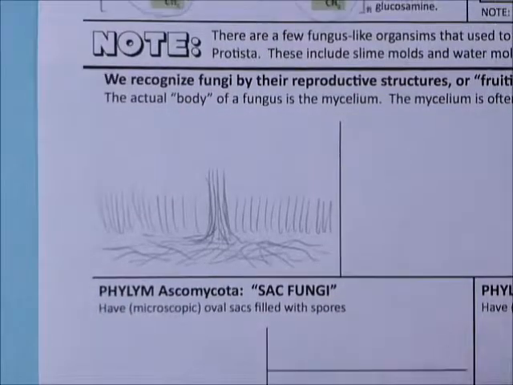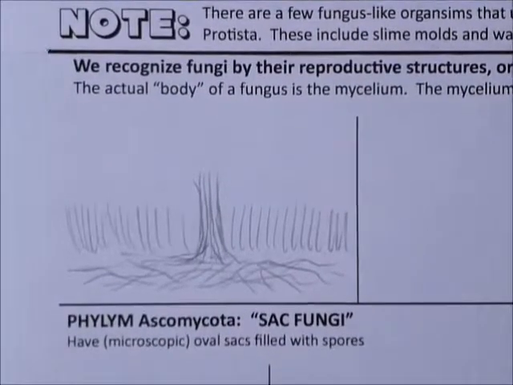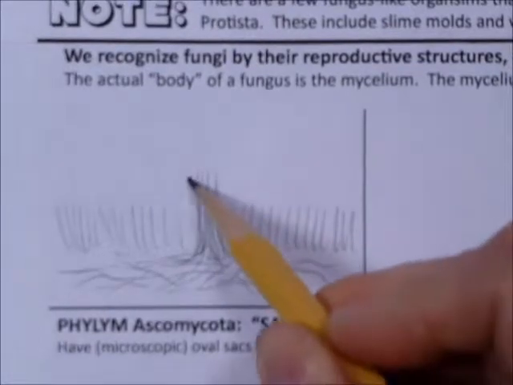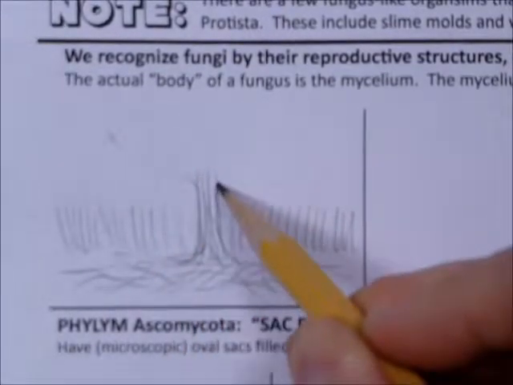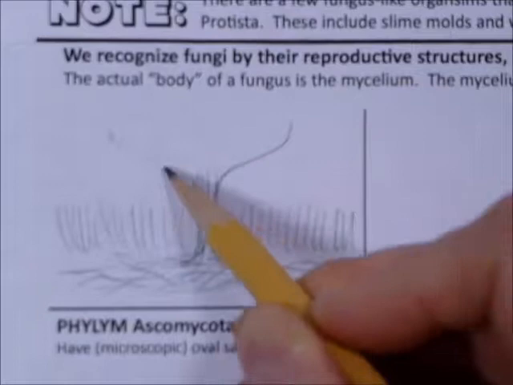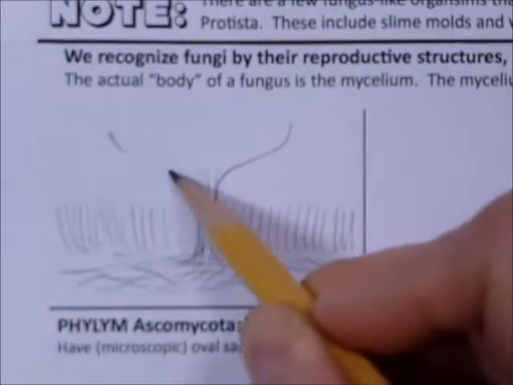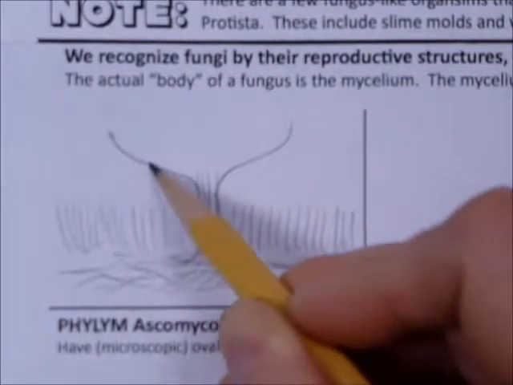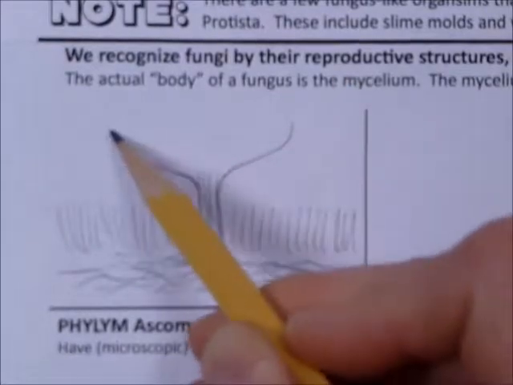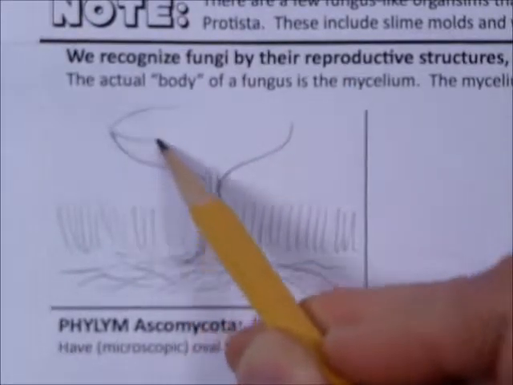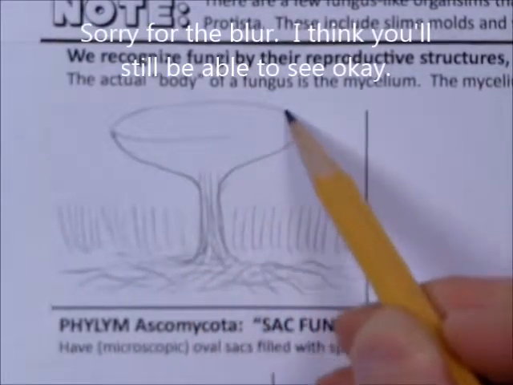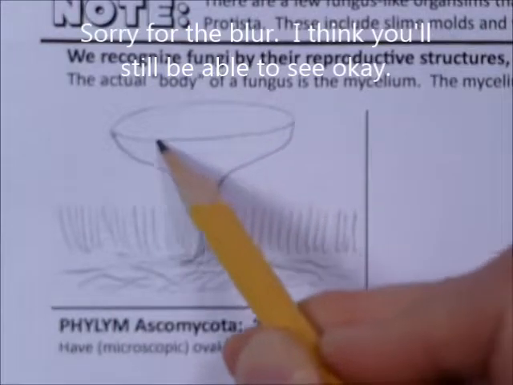So let's draw a cup like this. Sort of like that. And then we can draw sort of an oval around the top.